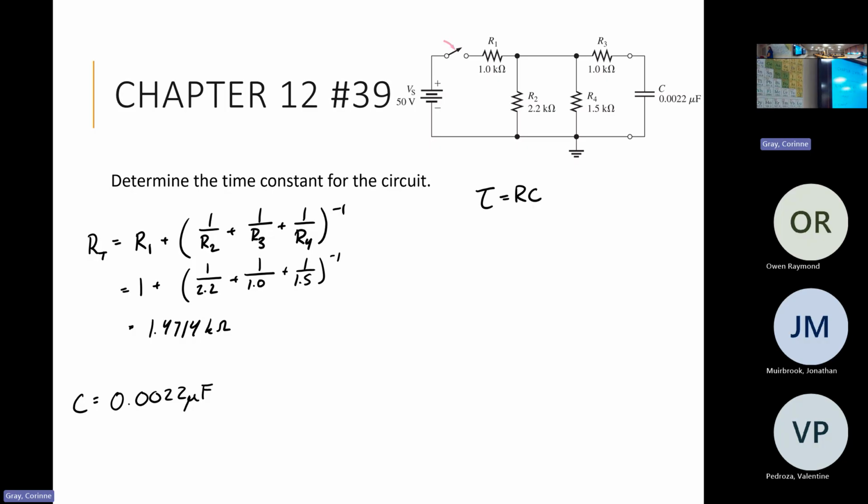But for the sake of argument, let's convert it just so we can see it done that way. Sound okay? So we have 1471.4 ohms, and 2.2 times 10 to the negative 9 farads. So now that I have those, I can just plug it in.